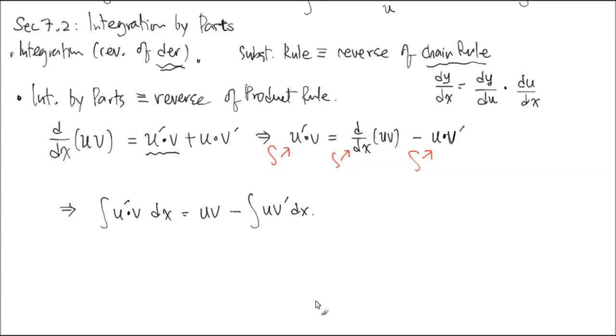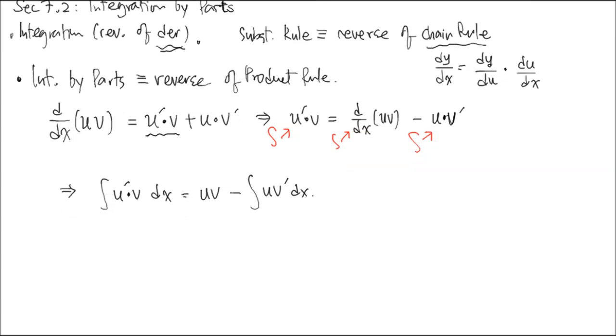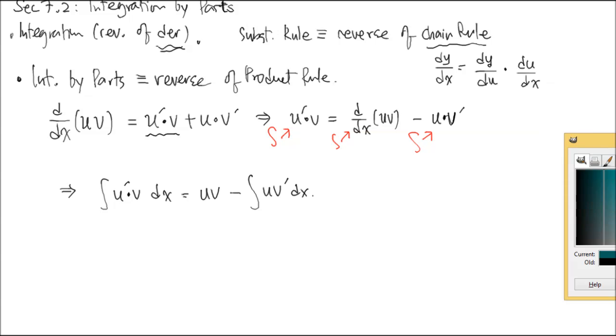So let me explain why this is called integration by parts. When you're looking inside the integral, it's a product of two functions, right? So I'm going to describe it like this. This is the first factor and that's the second factor.